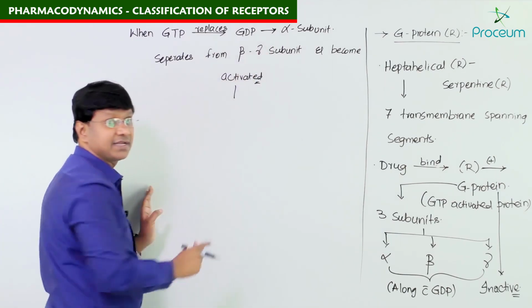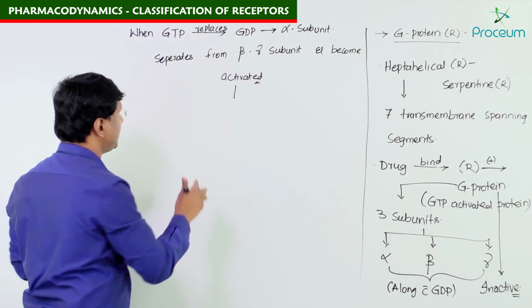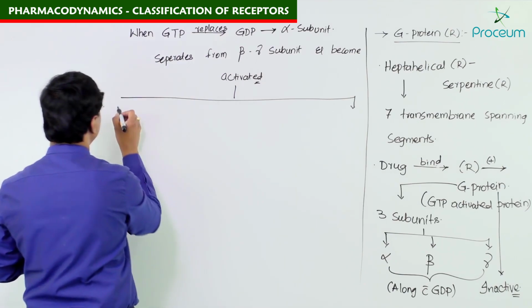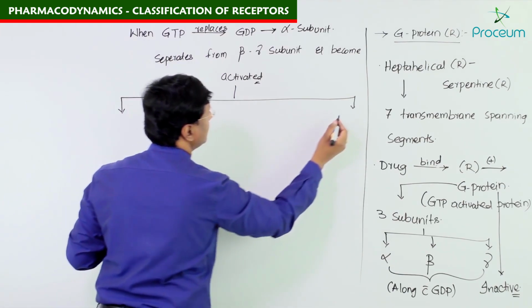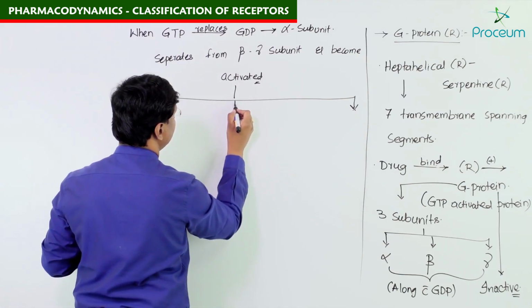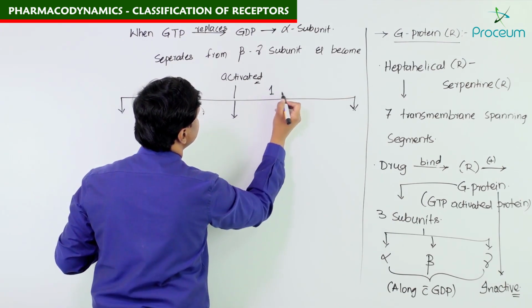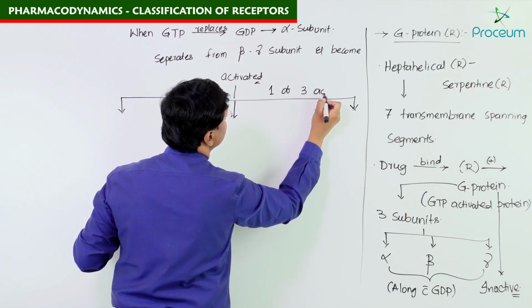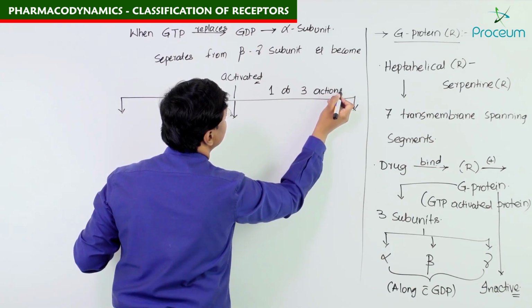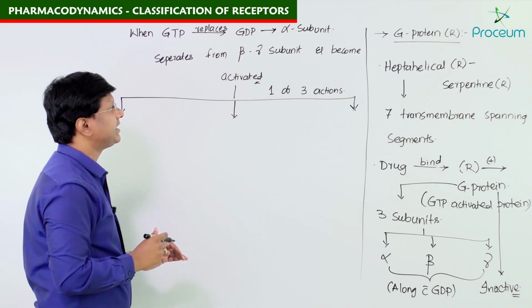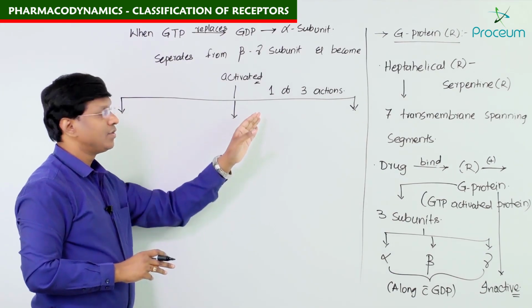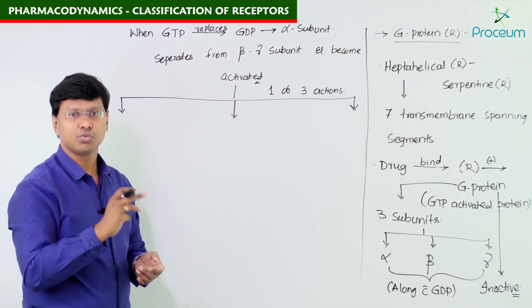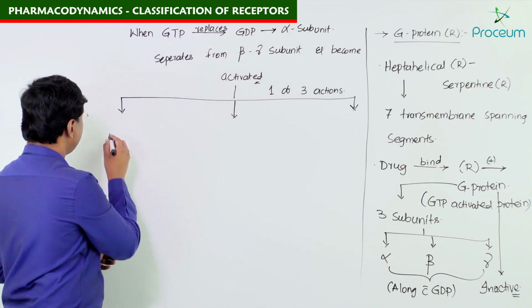This activated alpha subunit will result in one of three actions. Now let me tell you what those three actions are.